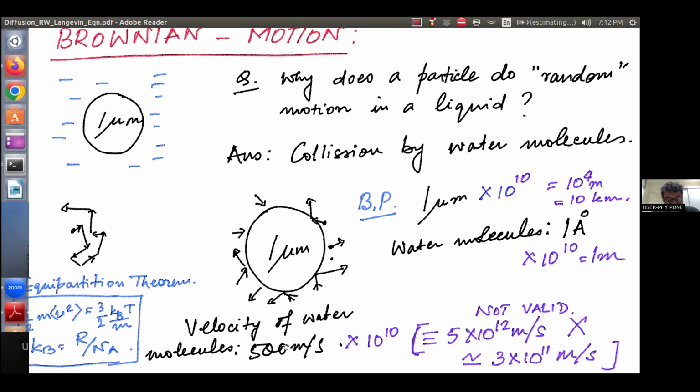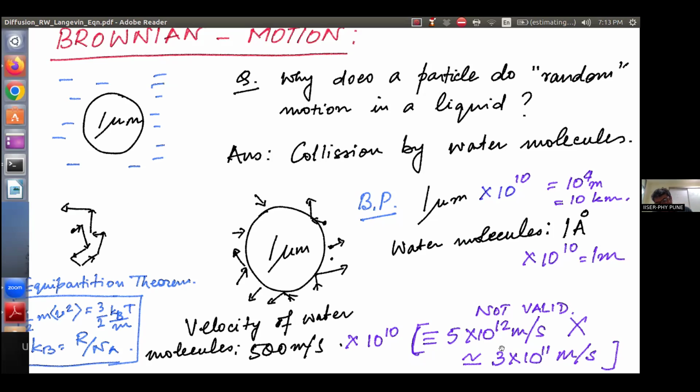Now, if you want to convert this as well by multiplying by 10 to the power 10, you will get a ridiculously high number, higher than the speed of light, right? So we are not going to think about how fast the water molecules are moving, because you'll get this number.